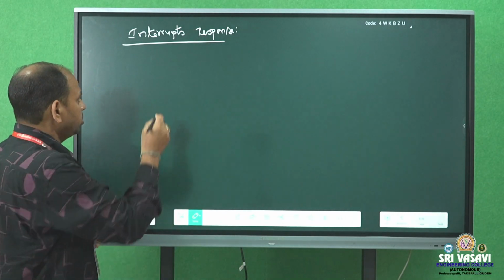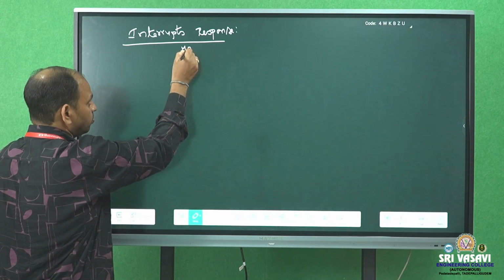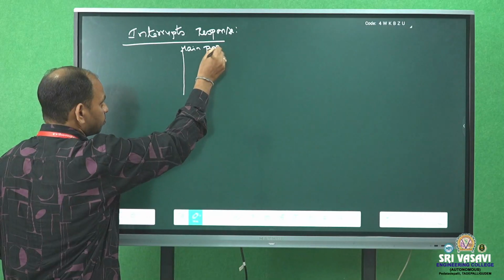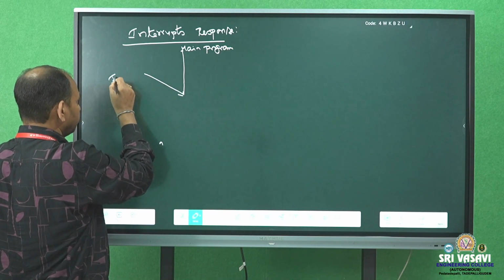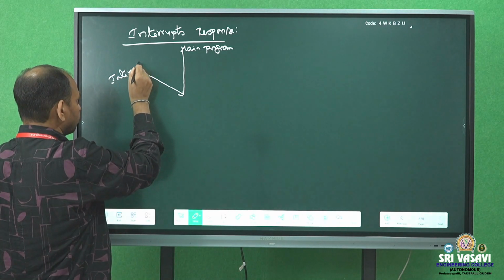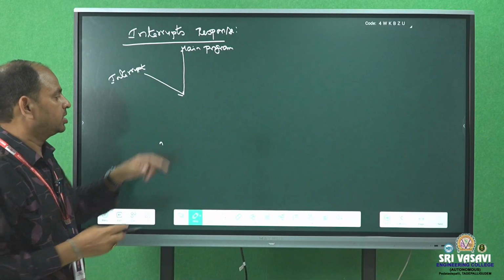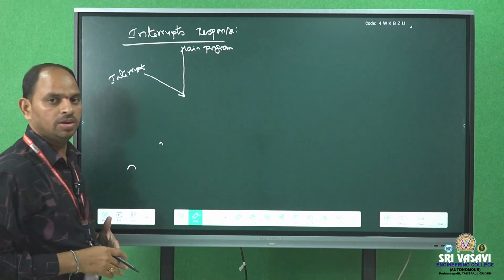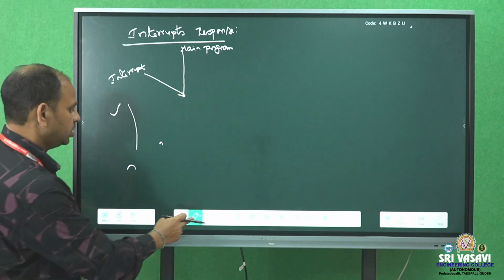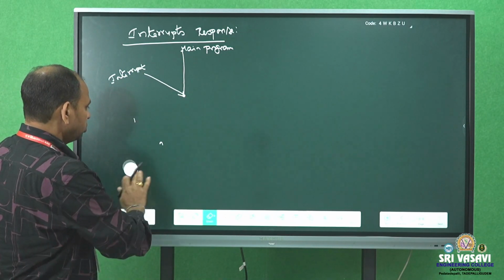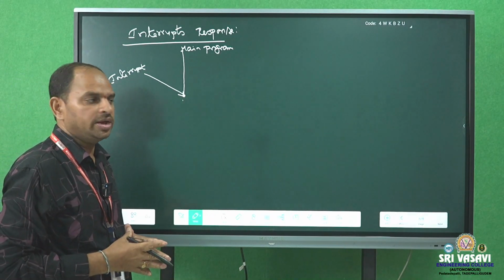So assume the microprocessor is executing the main program. If any interrupt comes at this point, the microprocessor stops executing this program and goes to another program called the interrupt service routine.